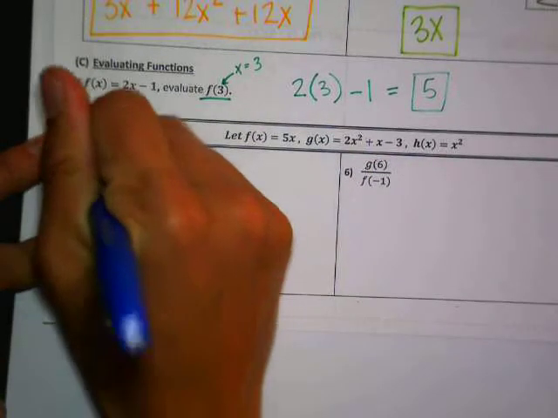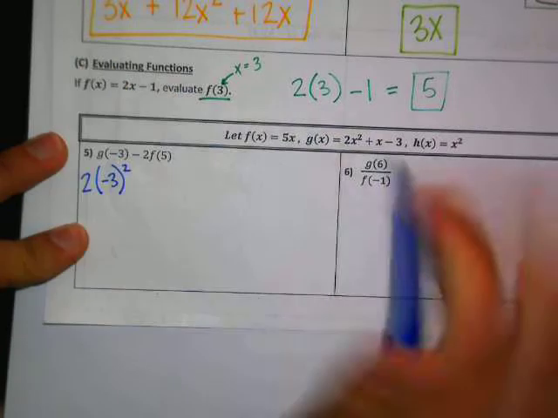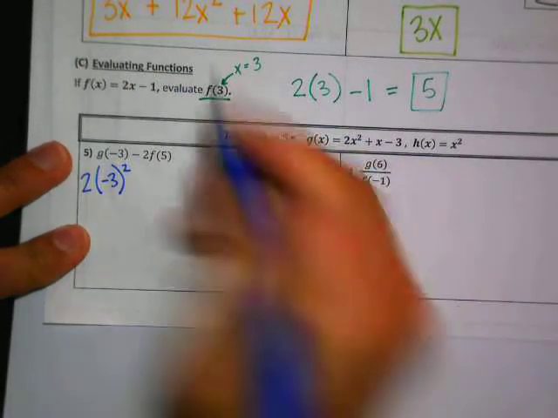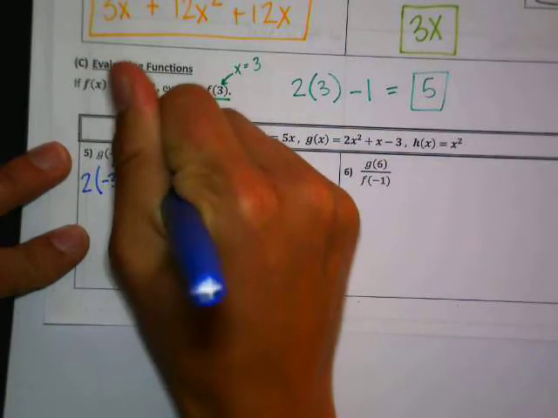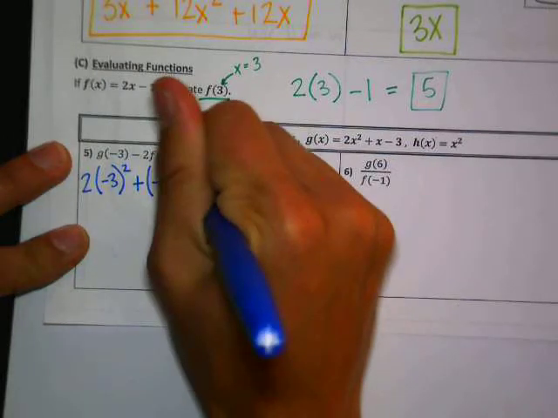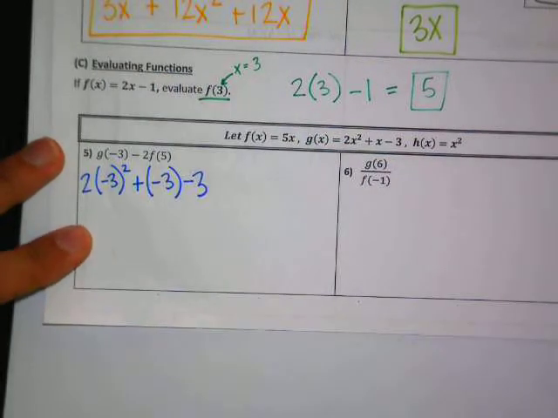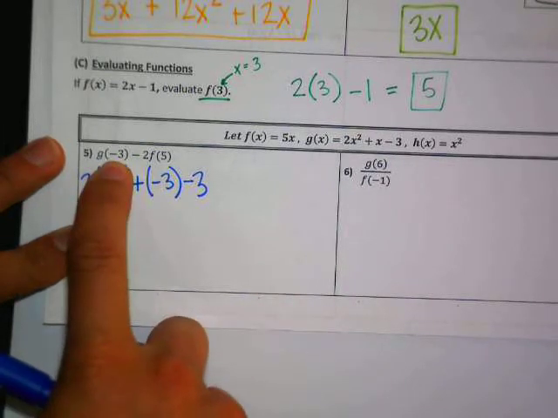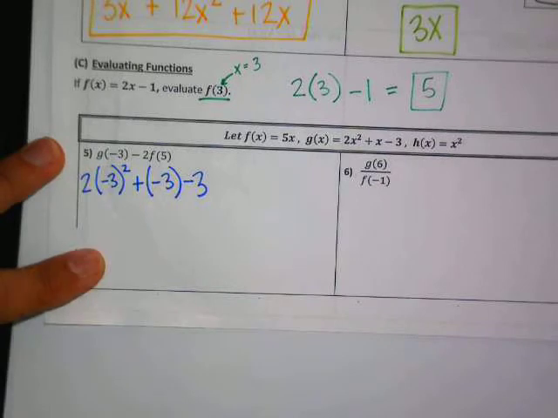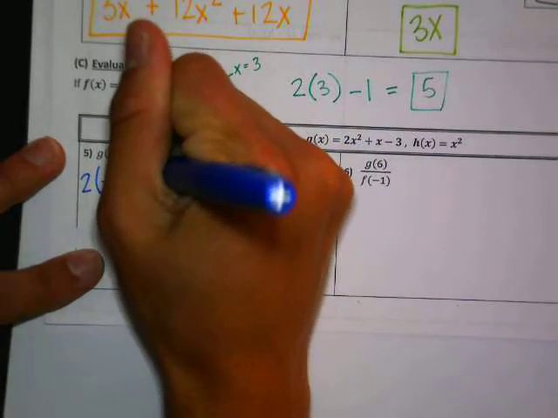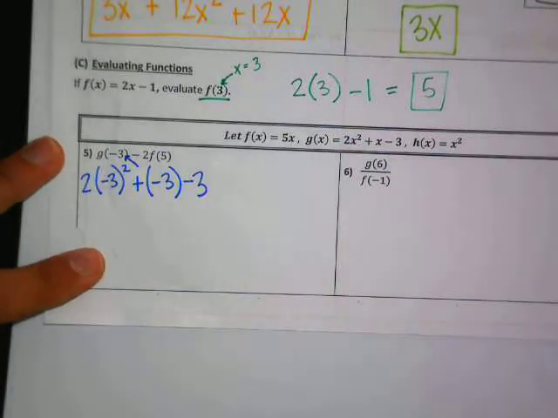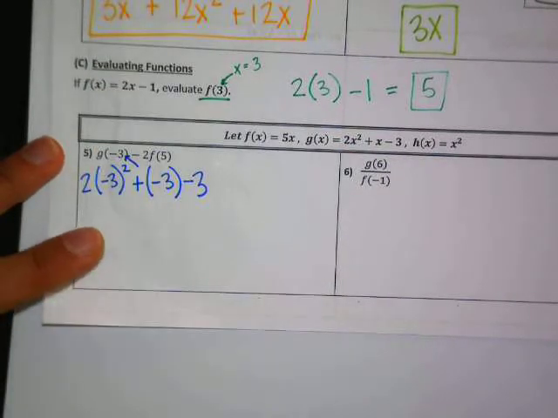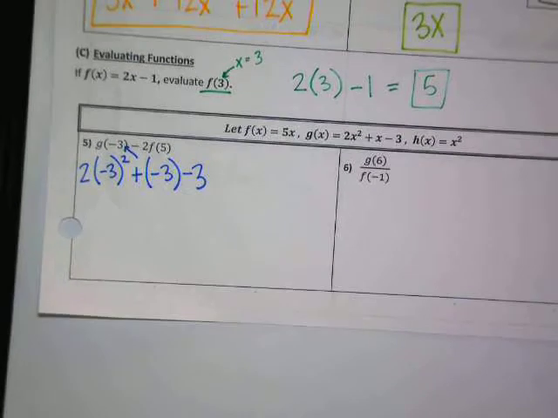So 2, put in negative 3 squared plus negative 3 minus 3. Why would this be negative 3? Because it's a negative 3 in there. All right, so this is the g part.